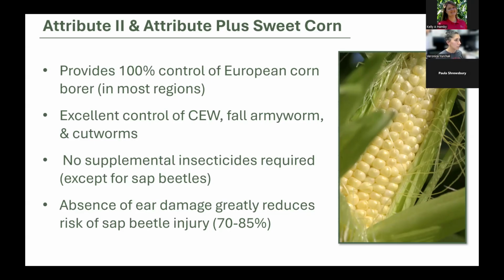In general, you don't have to worry as much about applying additional insecticide sprays in the Attribute 2 and Attribute Plus for corn earworm. These won't have any efficacy against sap beetles or stink bugs or any other corn pests that you might have in your area. And in general, just a note that without ear damage, the risk of sap beetle injury is a lot lower.